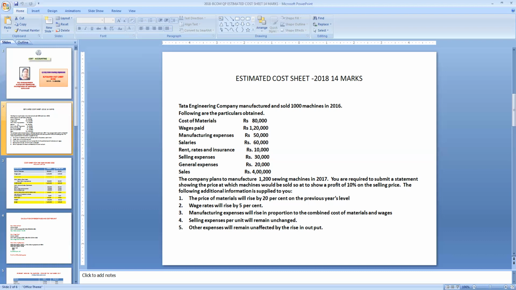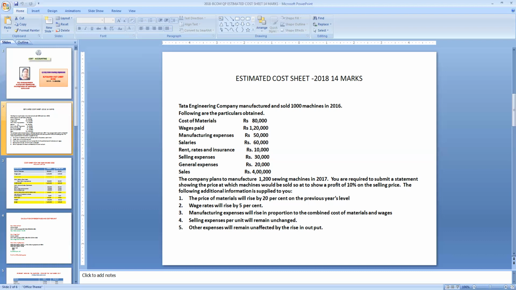So here they have given us the details to calculate both the cost sheet as well as the estimated cost sheet that we have to prepare for the adjustments given below. For the cost sheet for 1000 machines in 2016, we have the details. The cost of materials and wages paid has to be considered in the prime cost.